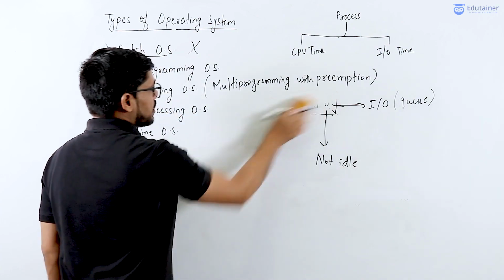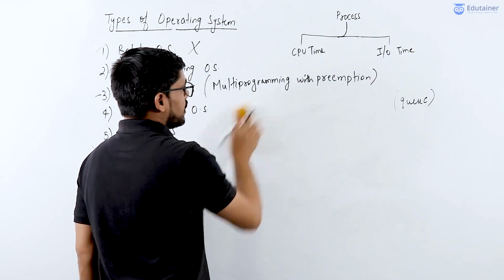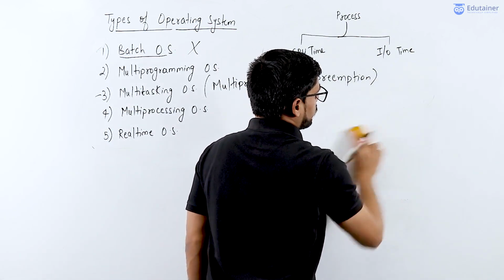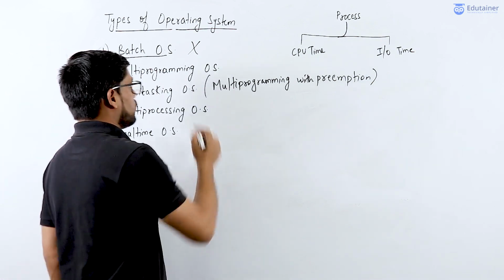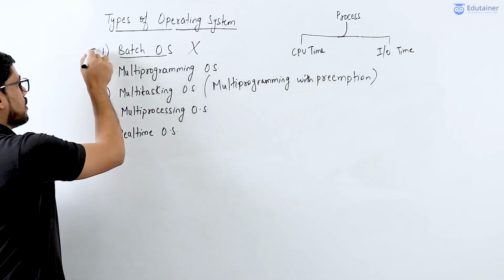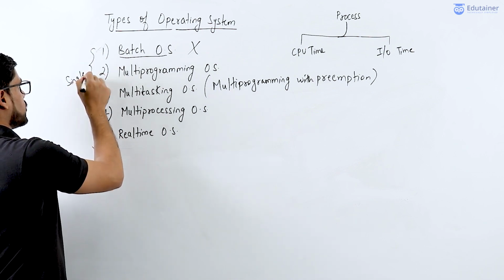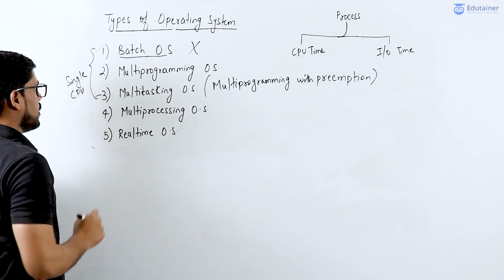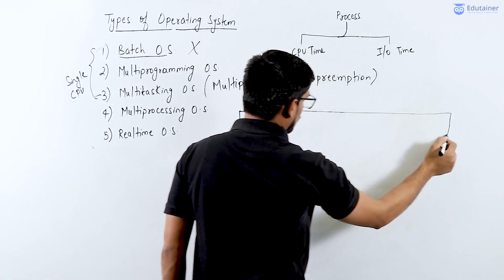In multiprocessing, we have many processors and each processor processes different jobs or different tasks. So in batch operating system or multi-programming or multitasking, we have a single processor or single CPU. But in multiprocessing, we have more than one CPU.